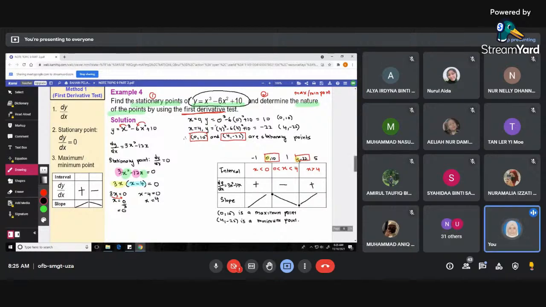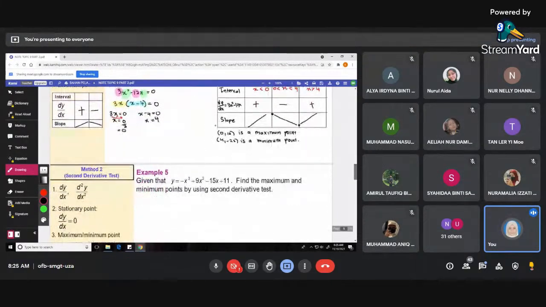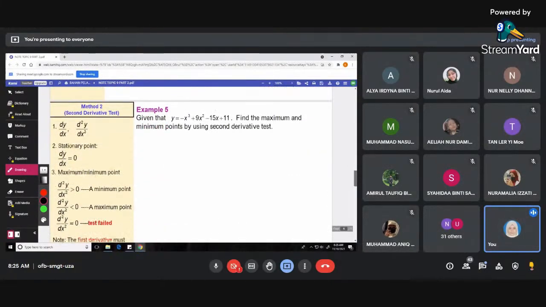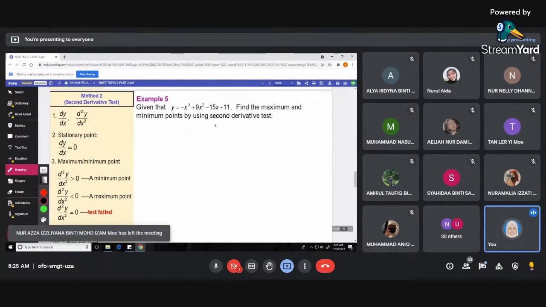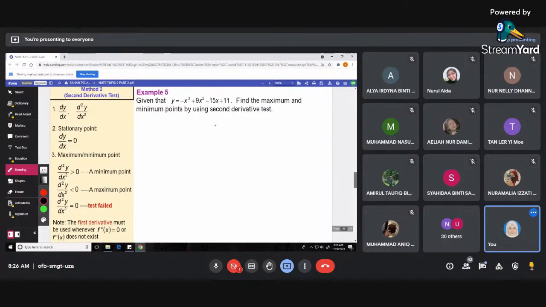So, now we are going to next slide. So, we proceed to the next slide. Okay. So, let's look here. Example number 5, we are going to use second derivative test. So, look here. Okay. So, for second method, because the question says second derivative test, berbeza dengan the previous one.